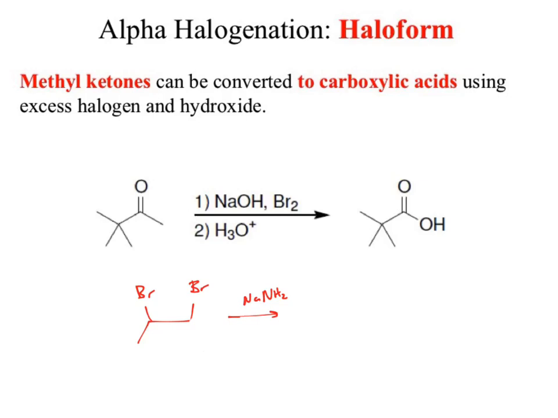If I do NaNH2, what is the product of this? An alkyne. Only partially correct. It's an alkyne with a negative charge. Why? The alkyne is more acidic than the starting alkane or alkene. Under the base conditions, we deprotonate that hydrogen.